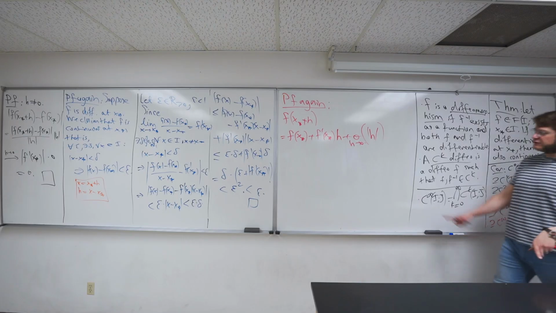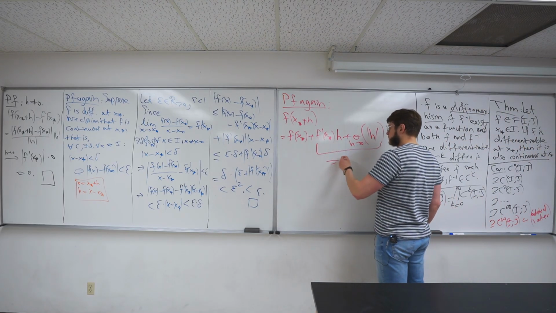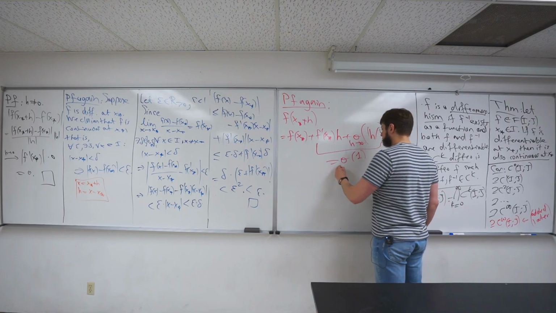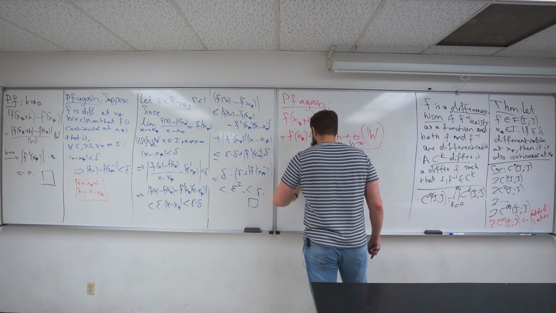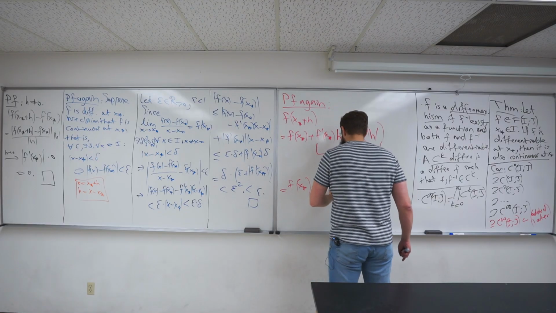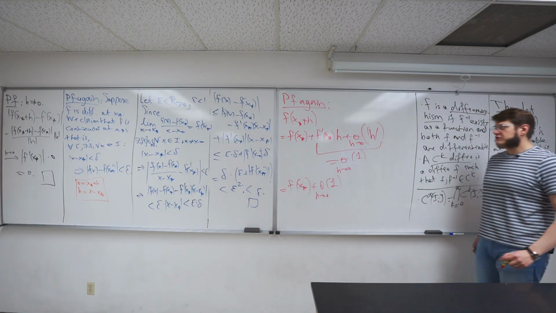But this part is little o of 1 as h goes to 0, which means that this is f of x star plus little o of 1 as h goes to 0. And that's what it means for f to be continuous there.